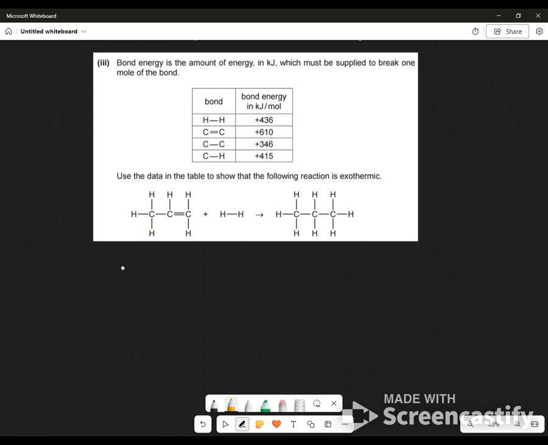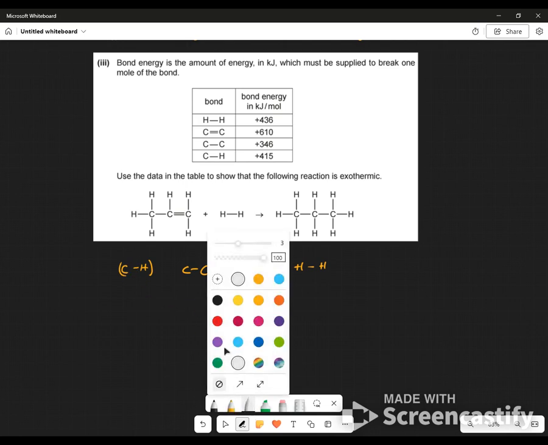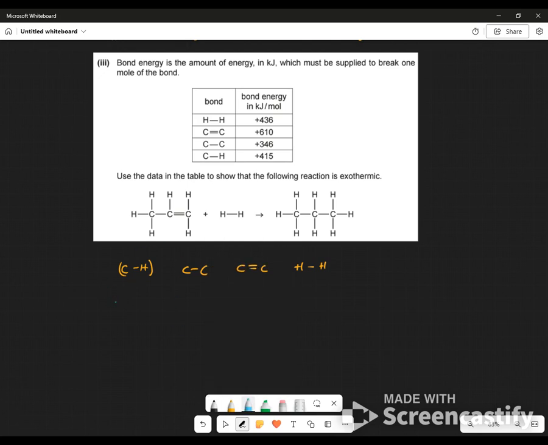I have to break CH bonds, CC bonds, C double bond C, and HH bonds. According to the table, to break the CH bond is going to cost me 415.